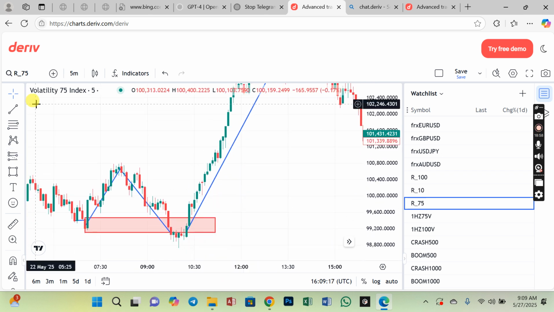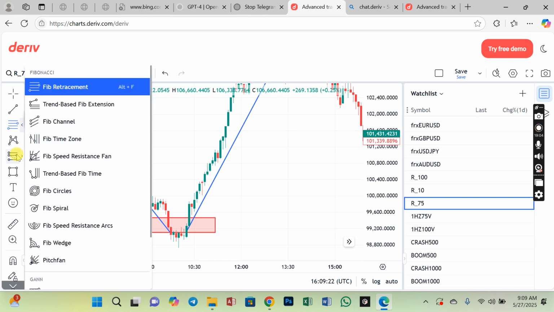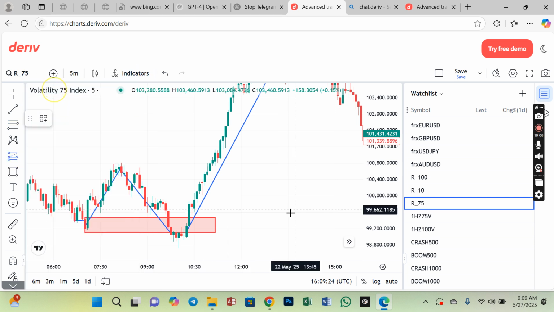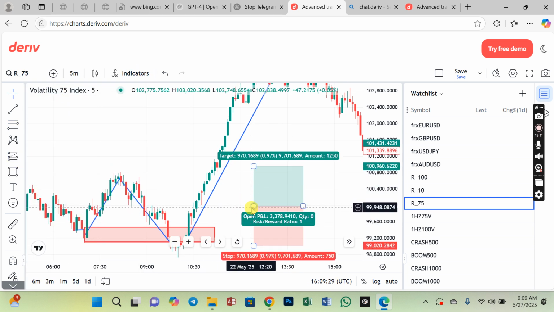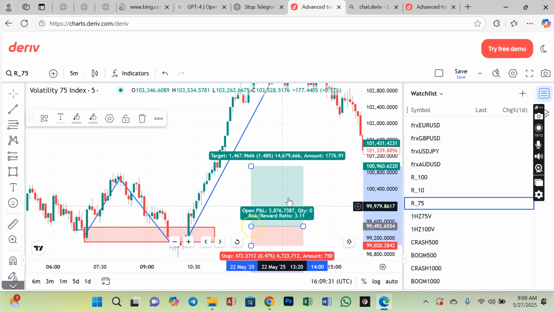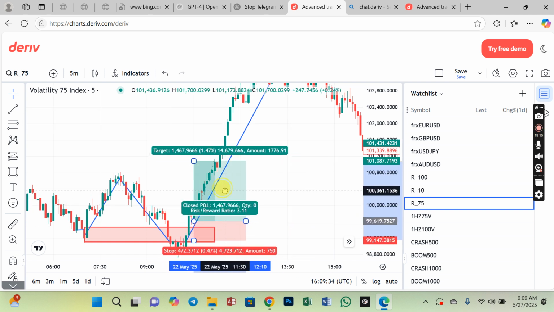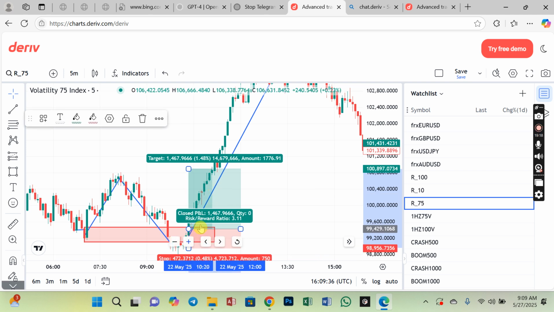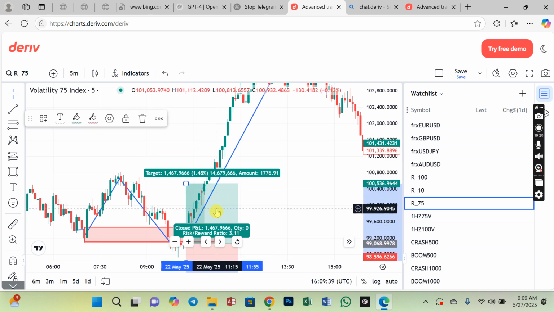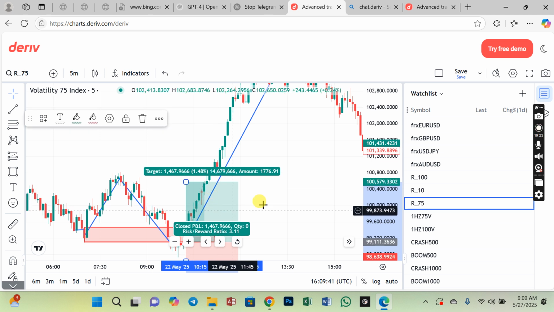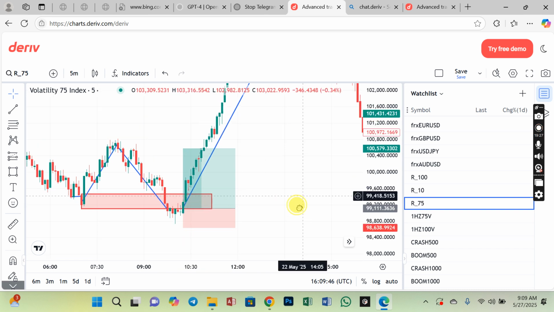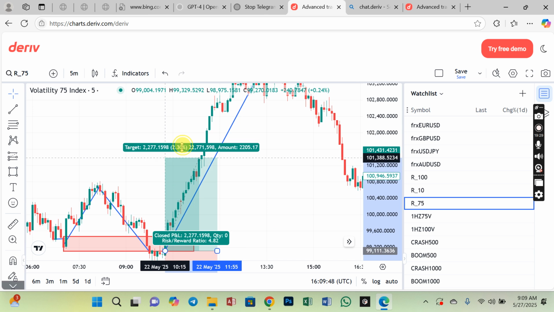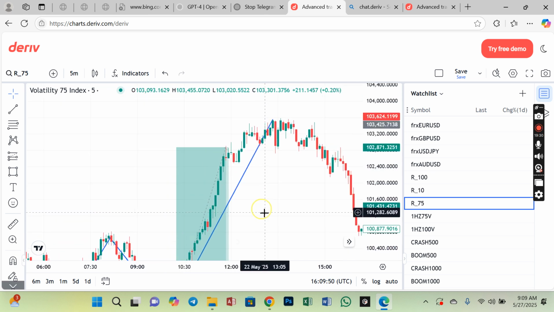He now moves. So let's say you place a stop loss here, and then the market now sold to this extent.